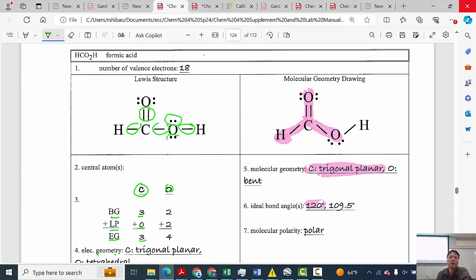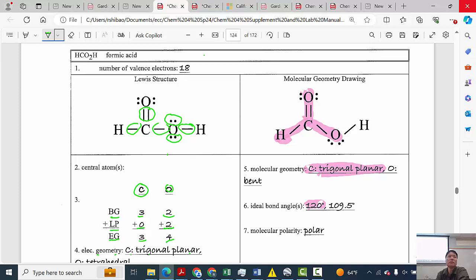No. 4. There are 4 groups. Out of the 4 groups here, we have 2 that are bonds and 2 that are lone pairs. And that gives us a total of 4 groups. When we have 4 groups, what's the electron group geometry for this?